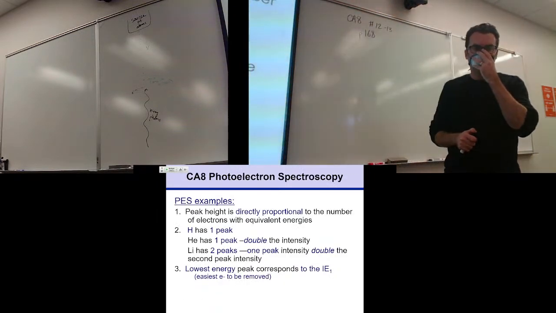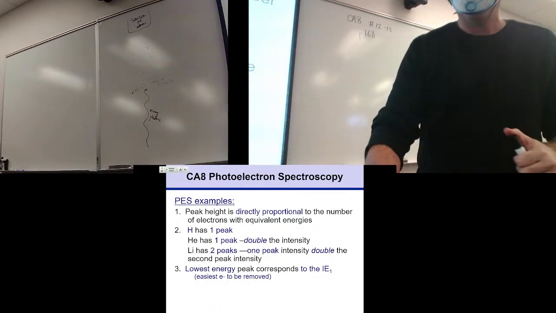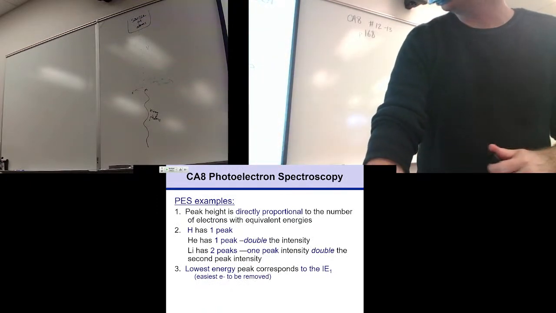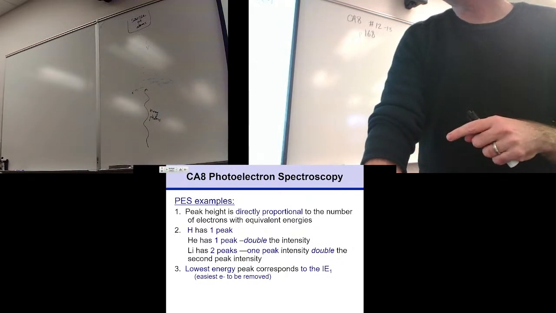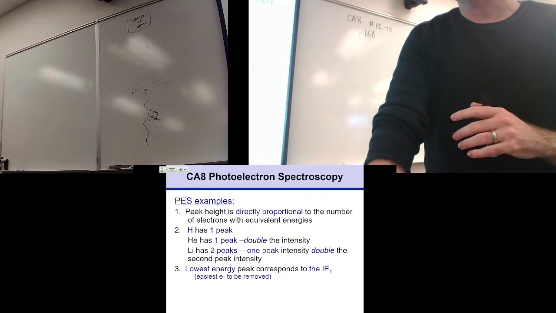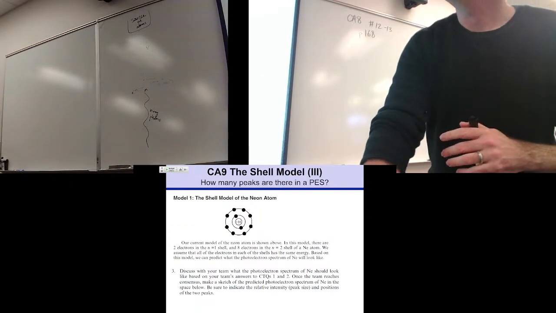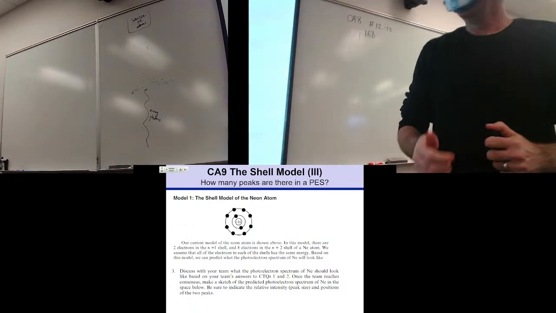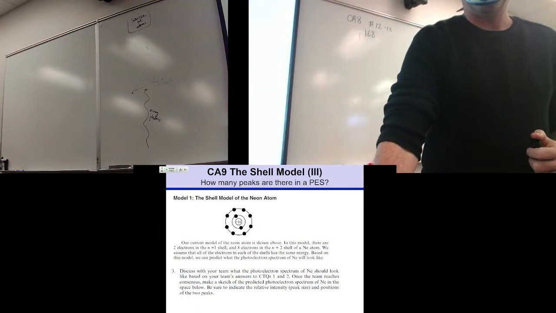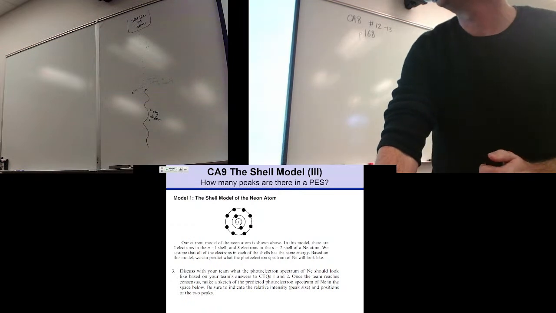Okay, so now let's look at some real data. Well, more real data. This one's more interesting. And actually, before we look at the data, let's predict what it should look like. So, we have the shell model of neon, which you're familiar with. This is our trusty model that has been working for us so far.